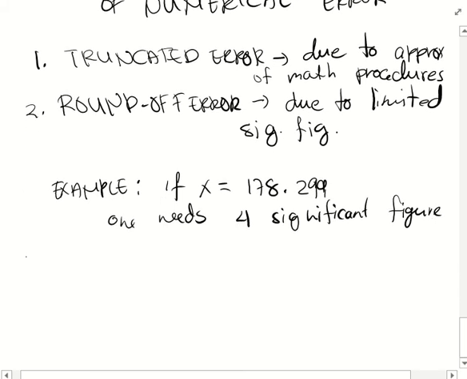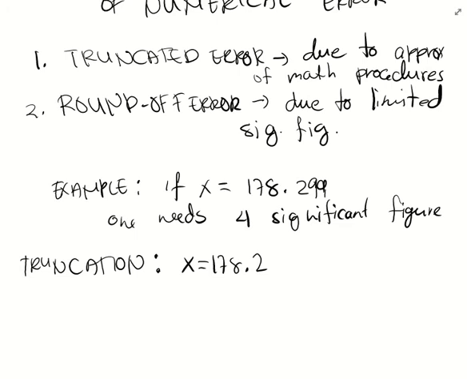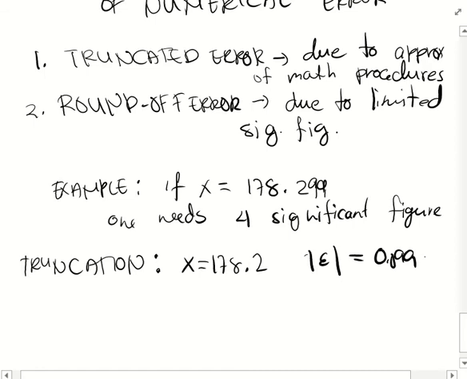For truncation, it's possible that we have a value equal to 178.2. It will cut off at the 4th significant figure. It doesn't matter what the number after that 2 is, as long as it's 4 significant figures, it will cut it off. That's truncation, and that's why it's called truncation. So the absolute error here will be around 0.099, or 9.9%. Later on I will discuss what an absolute error is.